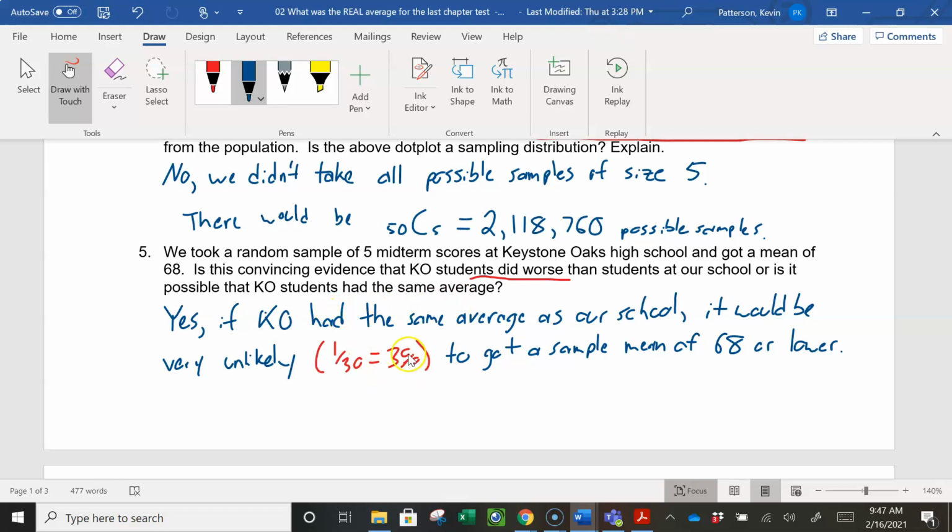Okay, remember, this 3% means that this 68 happened for a reason. It didn't just happen randomly. This 68 probably happened because they just did worse on this test.